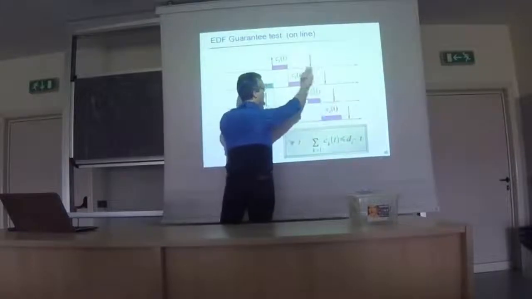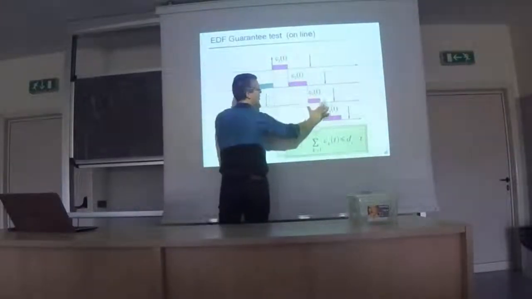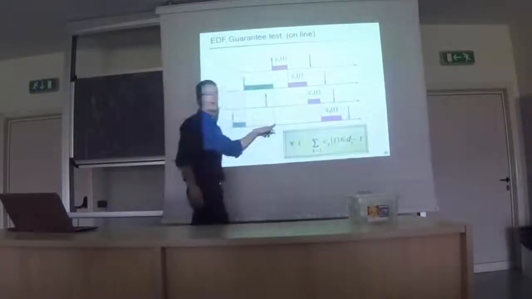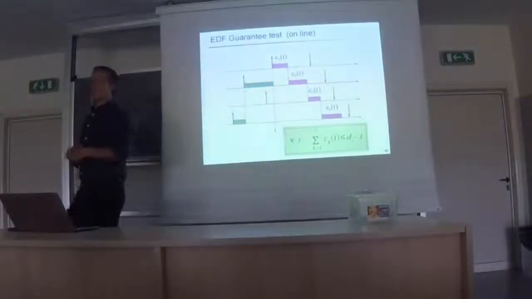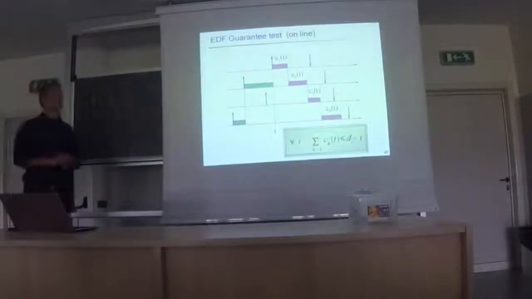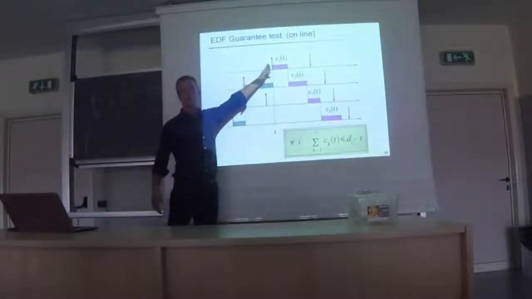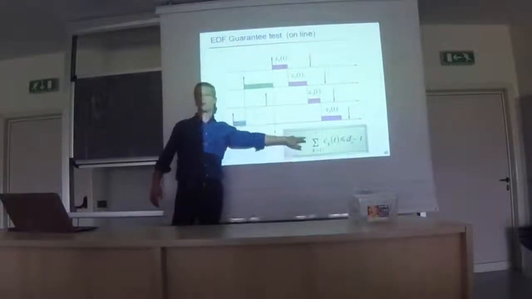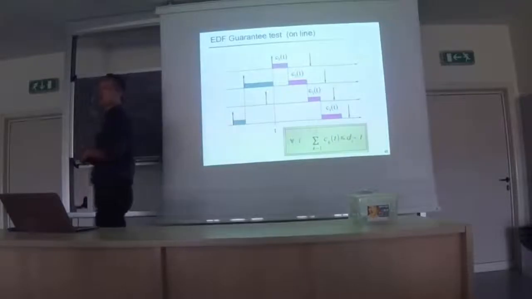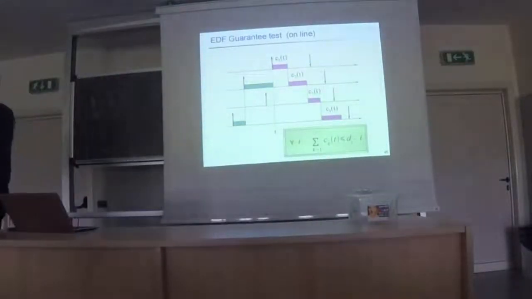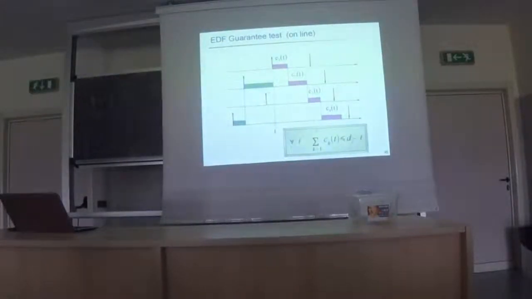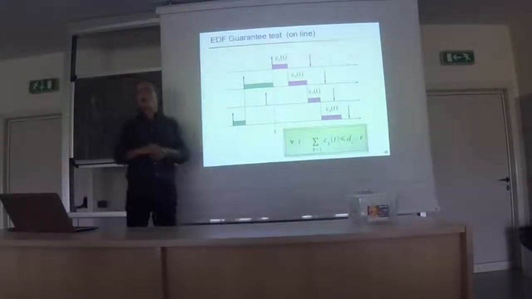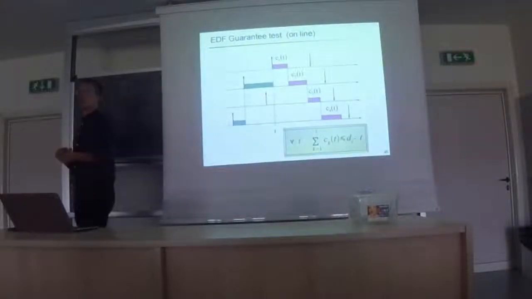So for all tasks which have a shorter deadline, I sum the remaining times and check whether they fit my deadline minus the time I'm considering. So for any new task arrival, I need to repeat n operations, one for each task. So at any task arrival, I pay a complexity of O(n).